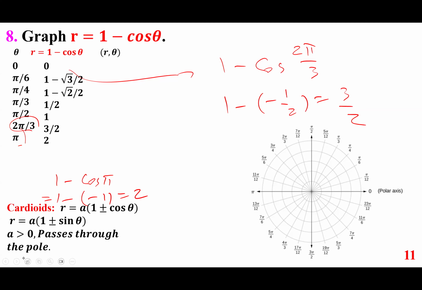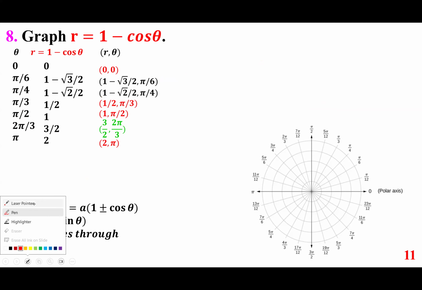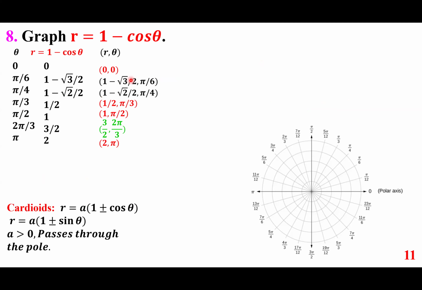Let me erase my work. And so you write the pairs in front of it, right? And I'm not going to plot all those pairs. I'm going to go with the easy ones, starting with 0, 0. By the way, (r, theta), in general, when r is 0, it represents the pole. And I'm going to go with 2 tick marks representing 1.